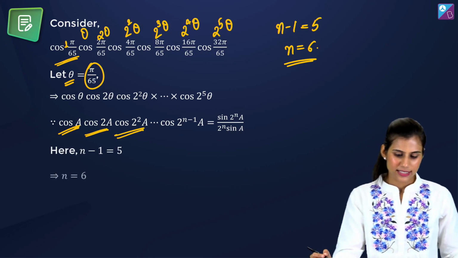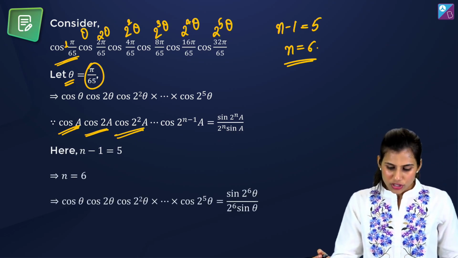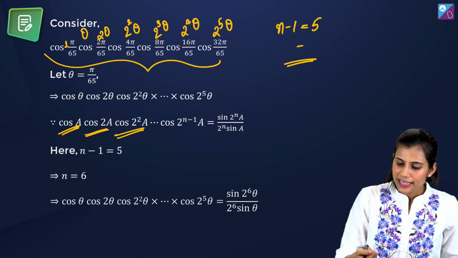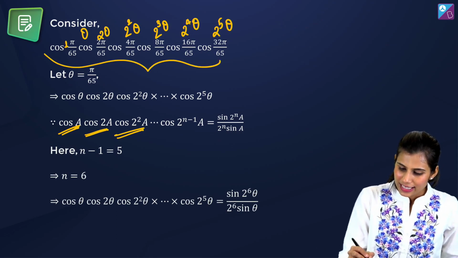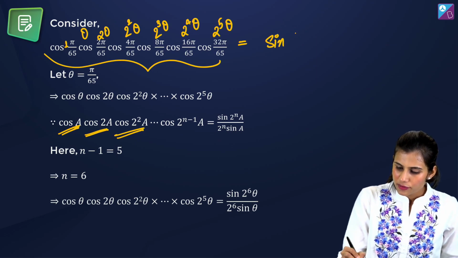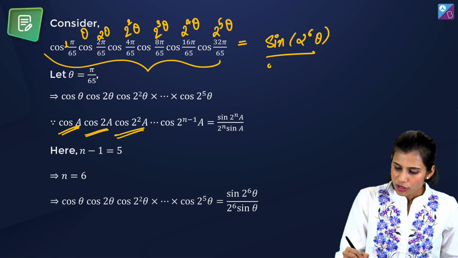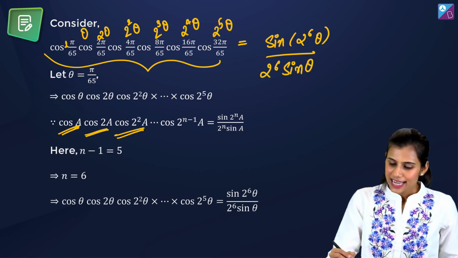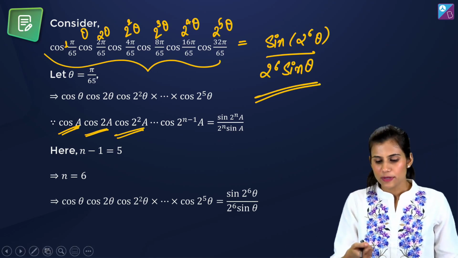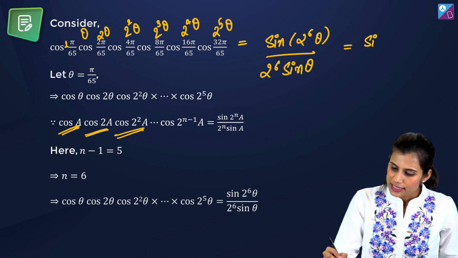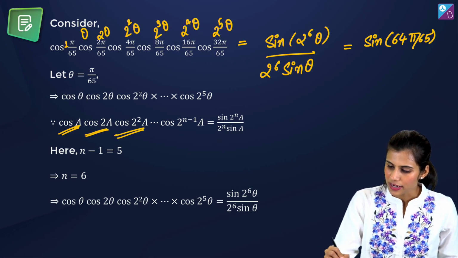If n is 6, then my original given expression will be equal to what? This will be equal to sine of 2 to the power 6 times angle A, that is theta over here, upon 2 to the power 6 times sine theta. All we have to do is simplify this expression to the maximum level possible, that's it. 2 to the power 6 is 64, so you get 64 theta. Theta is nothing but pi by 65.